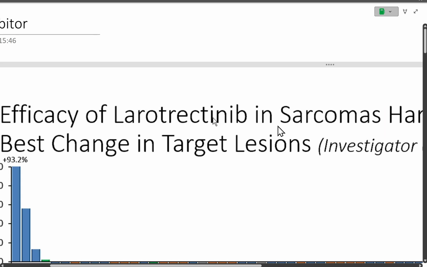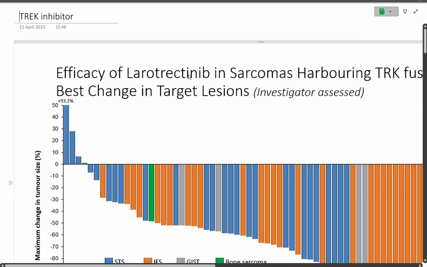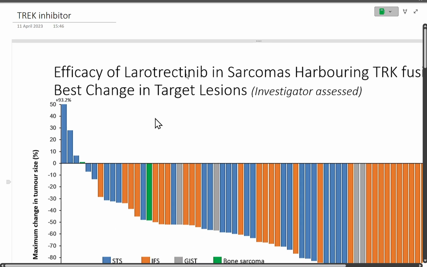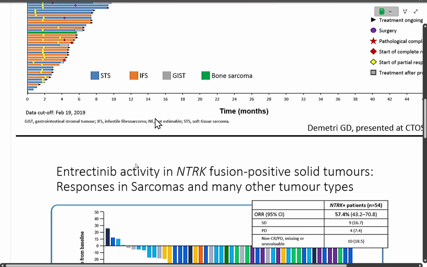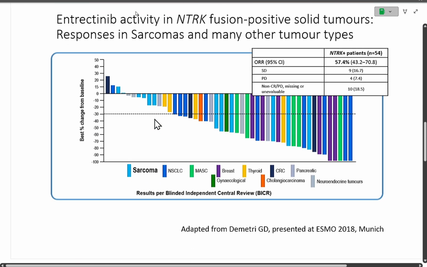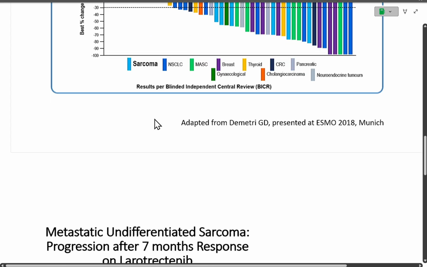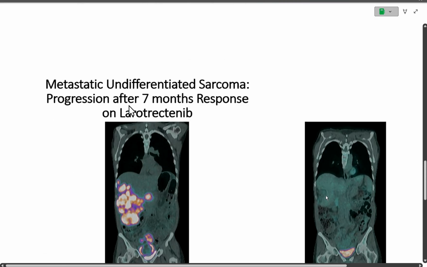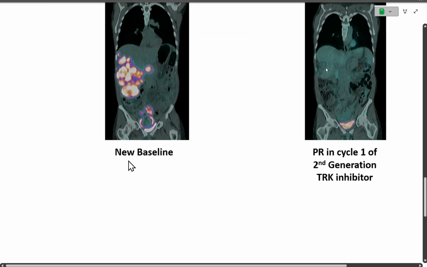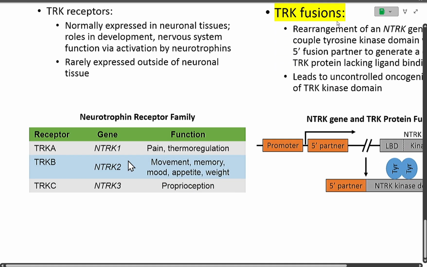when it comes to other targeted agents, you should try to put NTRK inhibitors such as larotrectinib, entrectinib, in NTRK fusion positive tumors, especially like undifferentiated sarcoma, as NTRK inhibitors can be responsive but fail.